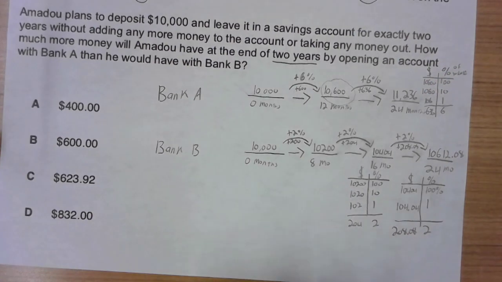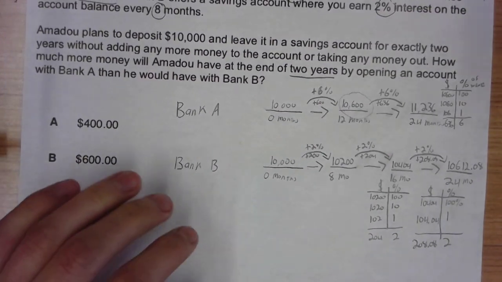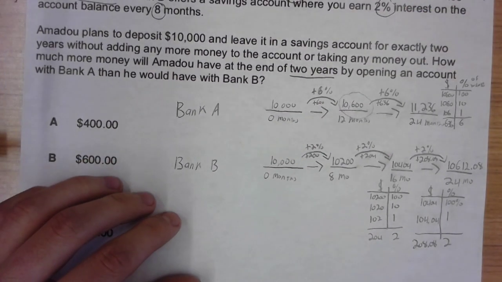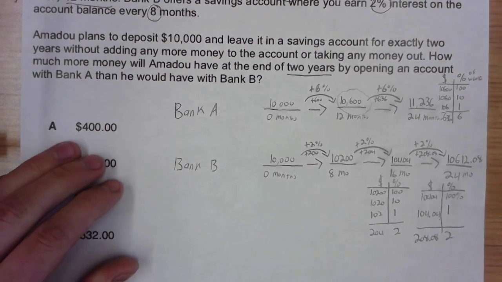Bank A accumulated more money. Now we have to find out, in the context of the problem, what the difference is between these two accounts. How much more money did Bank A accumulate versus Bank B? So what do we do?